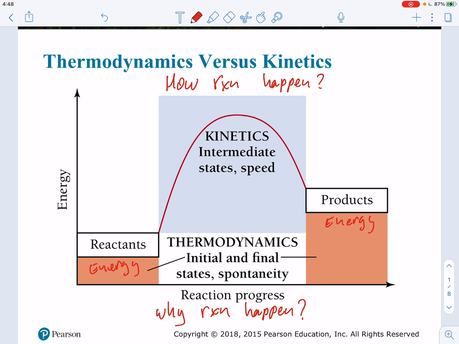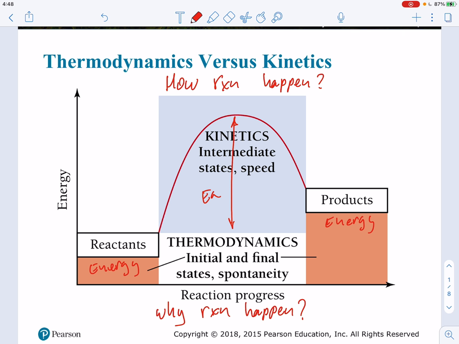When you are studying chemical kinetics, you don't really care about that. There is an enthalpy of reaction, the difference in energy between the products and the reactants, but chemical kinetics doesn't care about it. Chemical kinetics would care about this: the activation energy.